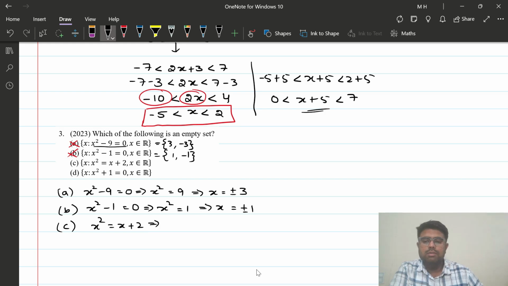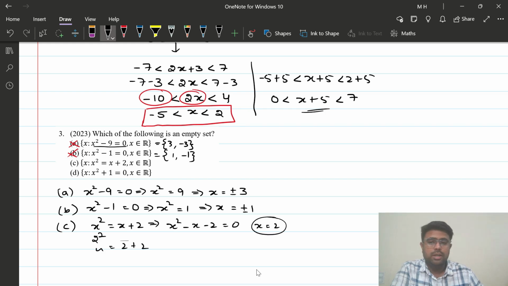Coming to option C, it says x square is equal to x plus 2. Or else what I can do is simply solve this. x square minus x minus 2 is equal to 0. You'll get a quadratic equation, but it is very obvious here. If I put 2, it is 2 square, which is 4, and on the other side it is 2 plus 2, which is 4. So it is going to get balanced. So x equal to 2 is one of the solutions no matter what.